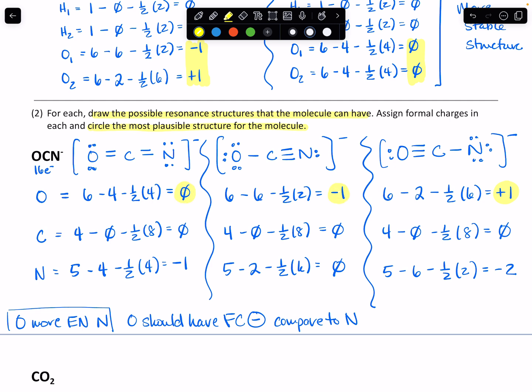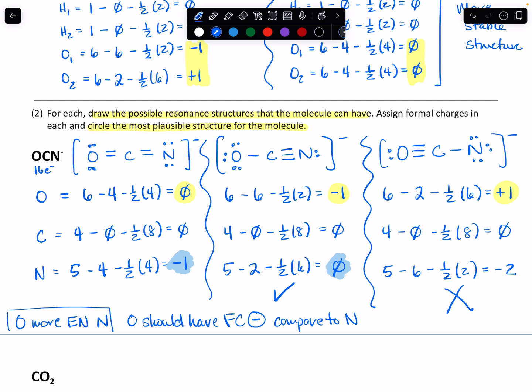So I automatically am going to say no to this structure because oxygen is more electronegative than nitrogen, so it should be negative over nitrogen. So this isn't a good structure. Over here, I've got nitrogen as a negative versus oxygen being 0, or nitrogen could be 0 and oxygen could be -1. Because oxygen's more electronegative, this is going to be the better structure.